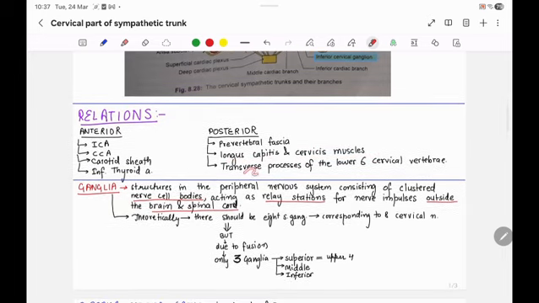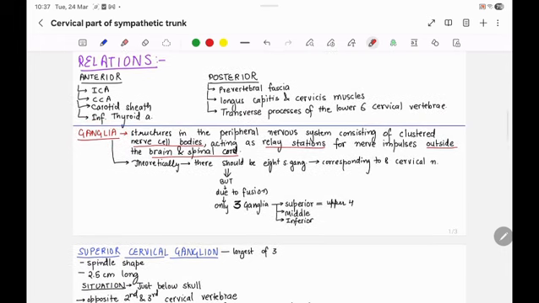And now you might ask, what is a ganglion? There might be a question in your mind. So these are structures in the peripheral nervous system that consist of clustered nerve cell bodies that act as relay stations for nerve impulses outside the brain and spinal cord. The main thing you need to remember is that they're outside the brain and spinal cord. Of course, that means they are in the peripheral nervous system, and they're nerve cell bodies.